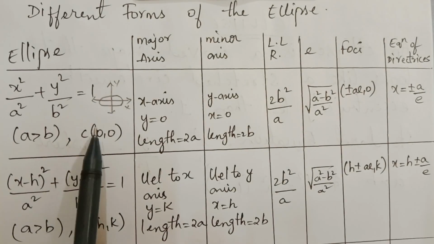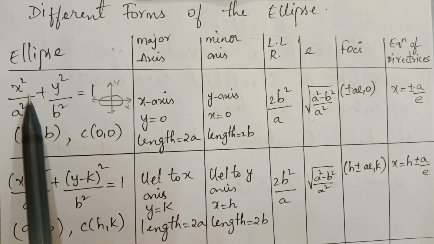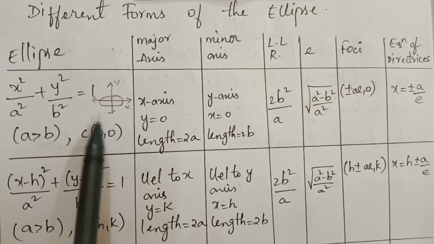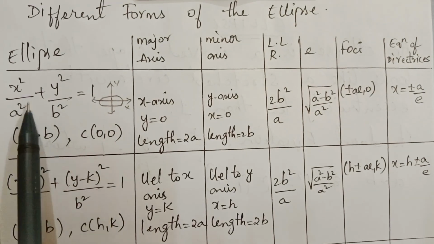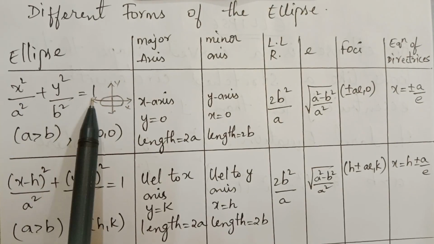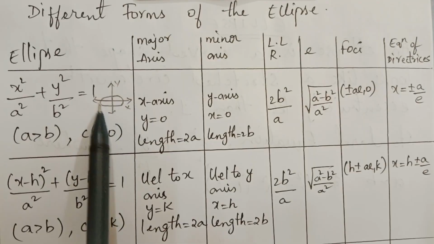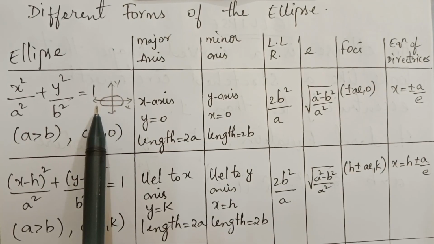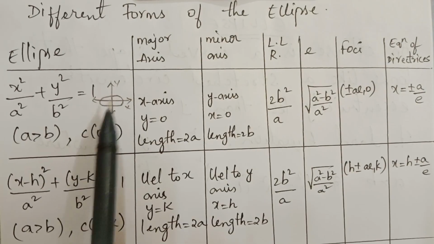Our first form of ellipse is the standard form where the center is 0 comma 0. It is written as x square by a square plus y square by b square equals 1. This is the ellipse which is parallel to the x-axis, so it is a horizontal ellipse.